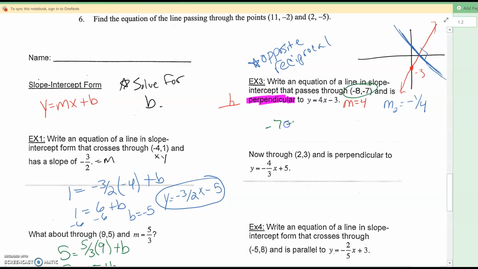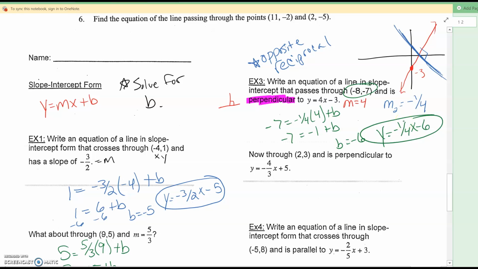So -7 equals -1/4 times 4 plus b, and it's the same as before. Add 1 to both sides, get b equals -6, y equals -1/4 x minus 6.